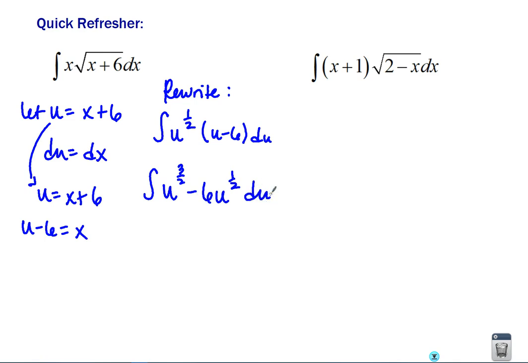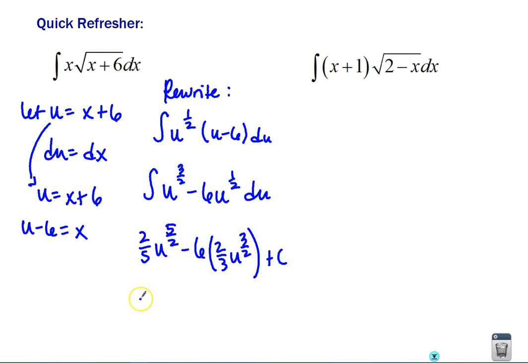And now I can do a real simple reverse power rule. U to the 3/2 is going to become 2/5 u to the 5/2 minus, we'll go in steps here because we've got a scalar out front, so 6 times 2/3 u to the 3/2 plus c.